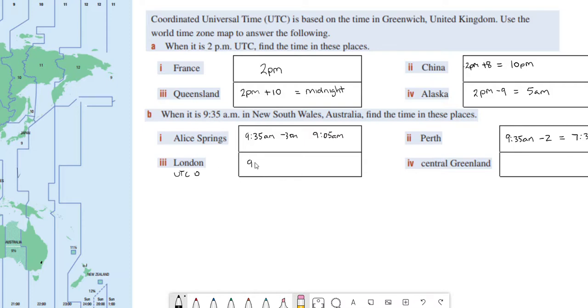So 9:35 minus 10 hours will give us, well, 9 hours and 35 minutes will take us to midnight. 25 minutes before midnight will be 11:35 p.m. the previous day. I'll just write down that the previous day.